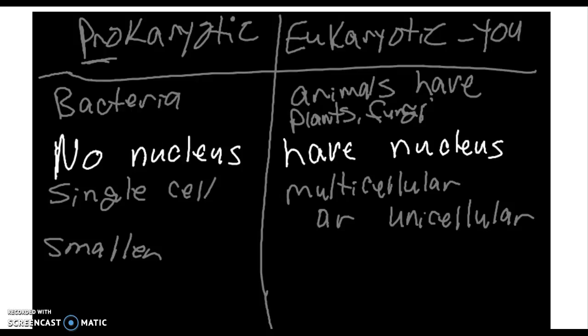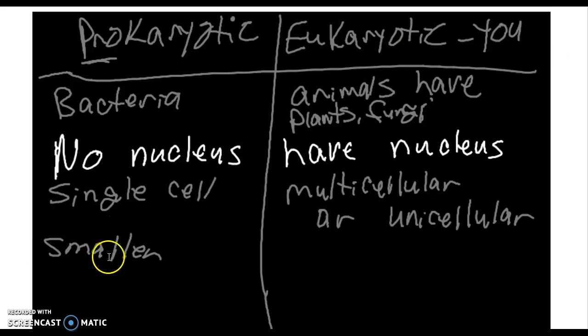Other differences: prokaryotic cells are always single-celled. Eukaryotic cells might be single-celled or unicellular, that's just another word for single-cell, but they also can be multicellular, because obviously you are multicellular, and so are plants and so on.